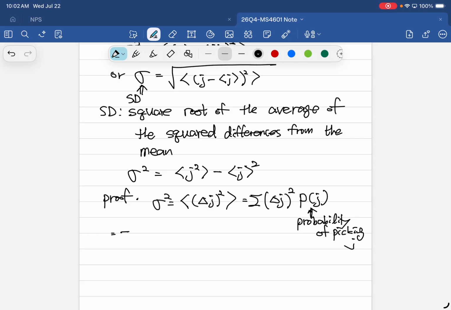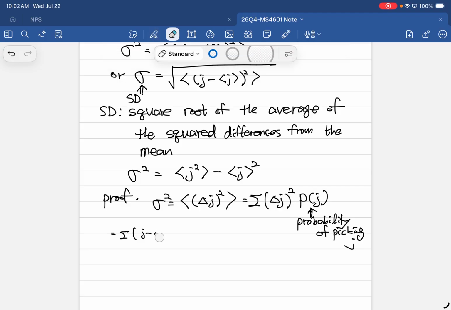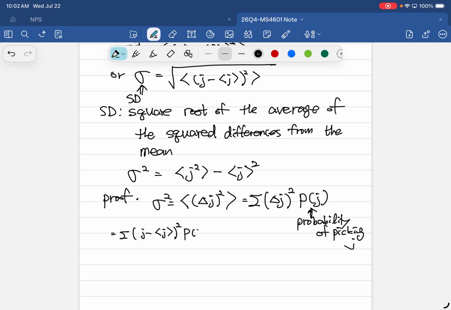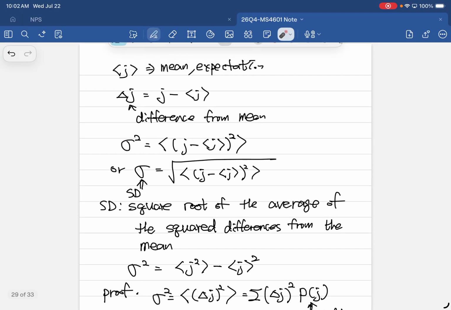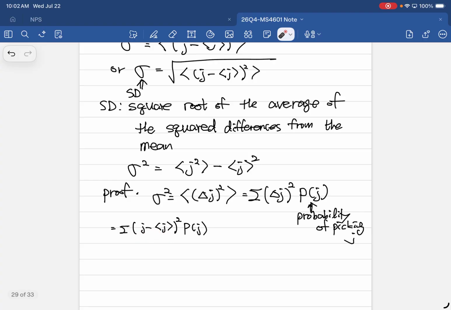With that, if I continue, this can be expressed as j minus delta j. Oh, no, sorry, this is j minus the j bracket, squared, times p of j. Because this delta j, by definition, was j minus the average, right? That is essentially the difference from the mean.